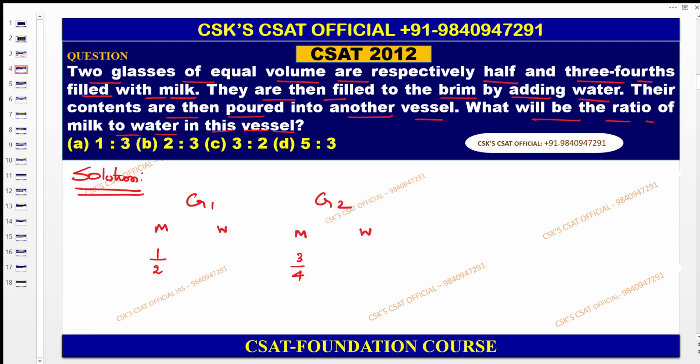Half milk means automatically half water. 3 by 4th milk means here 1 by 4th water. They're asking you the ratio of milk to the water. Sorry, milk to the water.